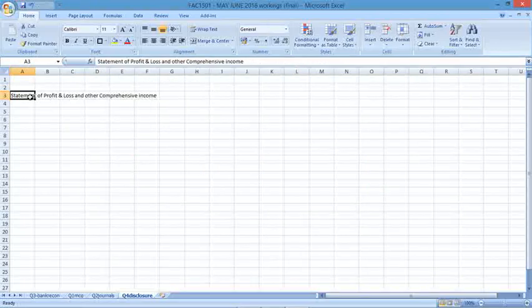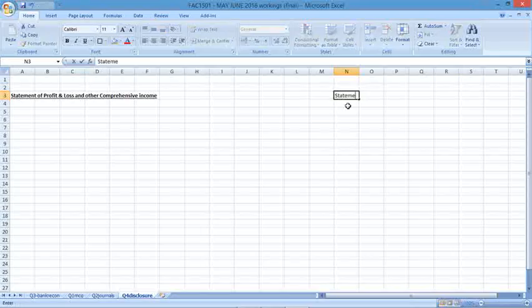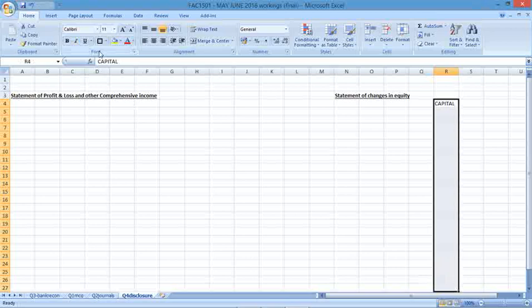Okay, so that's the one statement. Right, and then you'll have another statement, which is the statement of changes in equity. Okay, and the statement of changes in equity will have one column, for capital, because you're looking at a sole proprietor.